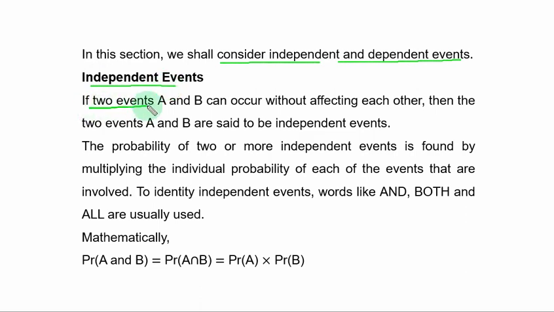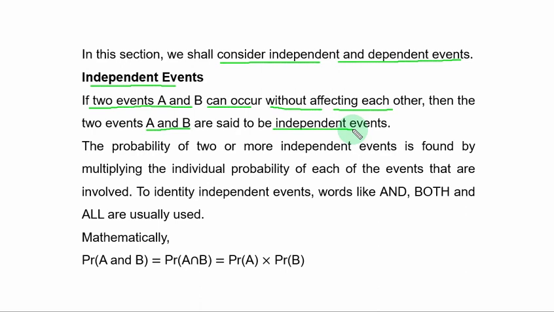If two events, A and B, can occur without affecting each other, then the two events, A and B, are said to be independent events. Take, for example, you are throwing two dice together.